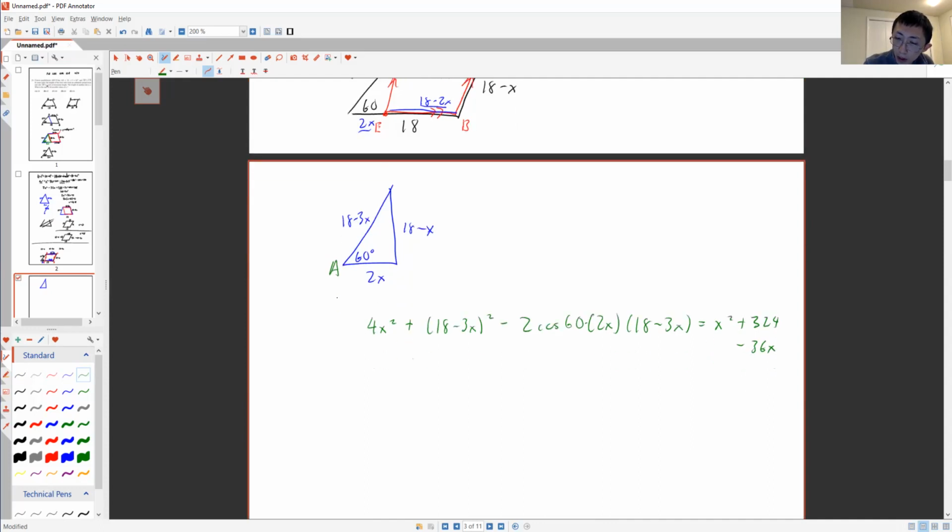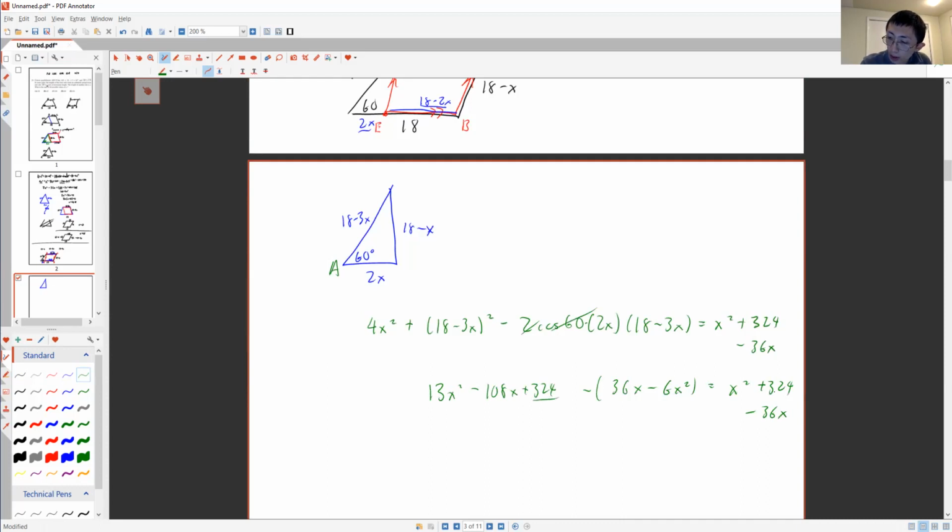So now, let's just simplify. This was 2 times 1/2. We'll get this is, and this will be, so 9x squared plus 4x squared is 13x squared, 108x plus 324. And this equals this.